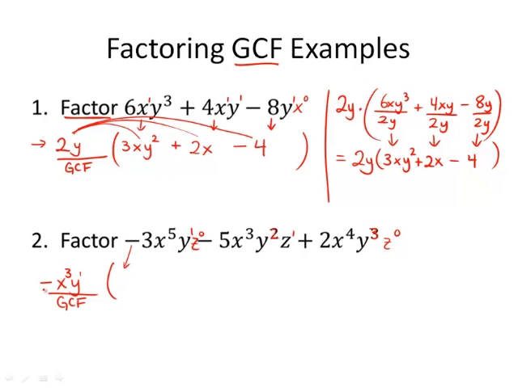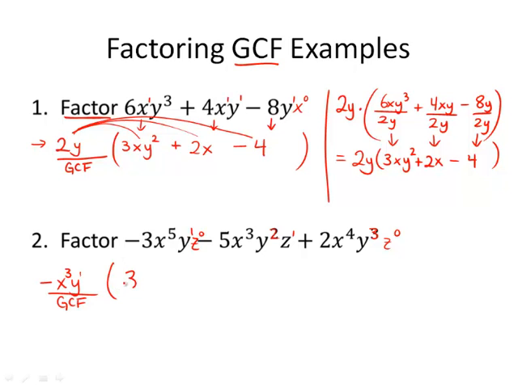If you don't, that's fine in this case, but eventually you'll notice that it's going to aid you to take out the negative and change all the signs so that your leading term is positive. So let's try that here. Let's take out the negative, so that means this will be positive, positive, and negative, with that negative applying to all 3. Alright, x cubed y times what gives us 3x to the 5y?